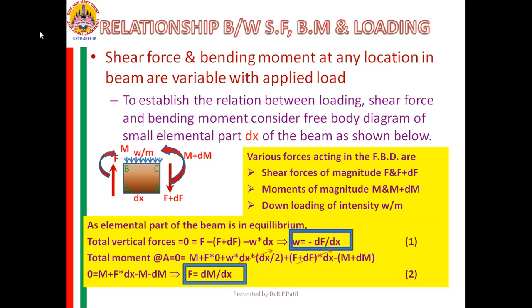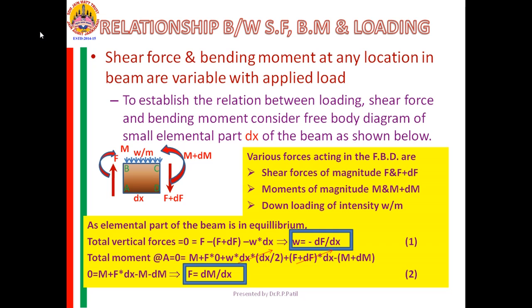When any part is in equilibrium, it has to satisfy the conditions of equilibrium. What are the conditions of equilibrium? Total of vertical forces must be equal to 0. Total of horizontal forces must be equal to 0.